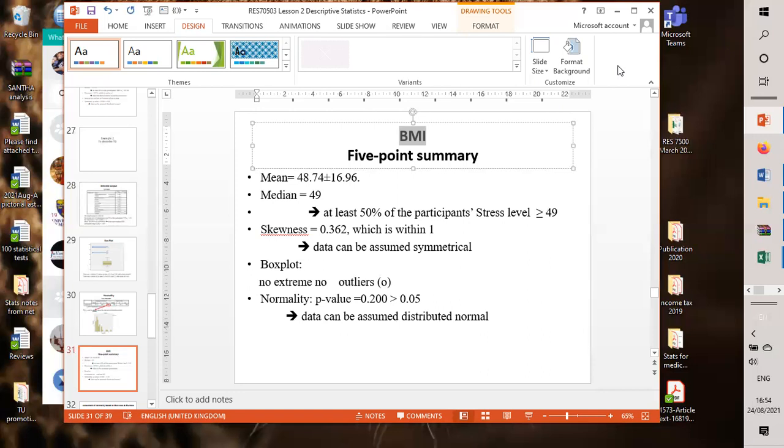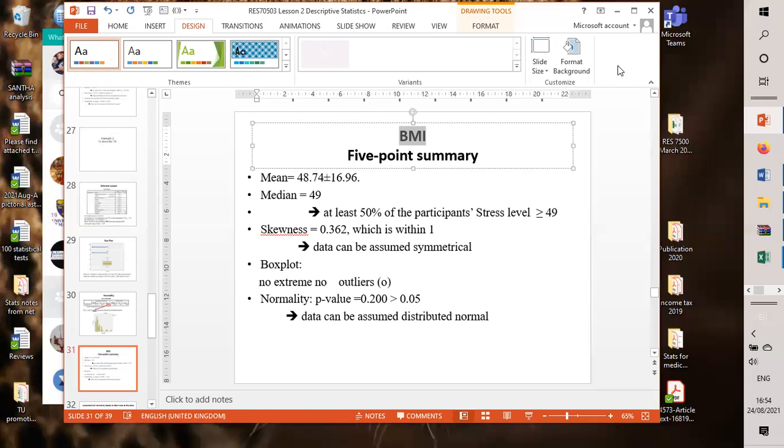Less than 28, or which one must we emphasize? BMI more than 28 means what? Obese, right? Yes. Then we must emphasize this: at least 50% of participants have BMI more than 28. That means you're telling us at least 50% are obese. Of course you can say it either way, but it is better to emphasize the obesity aspect.